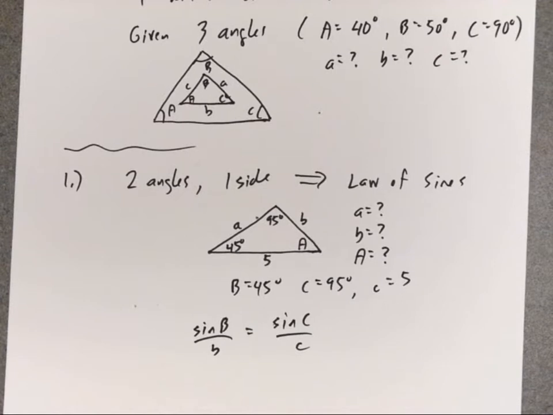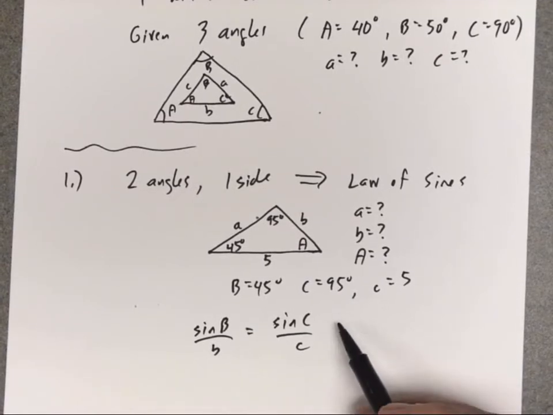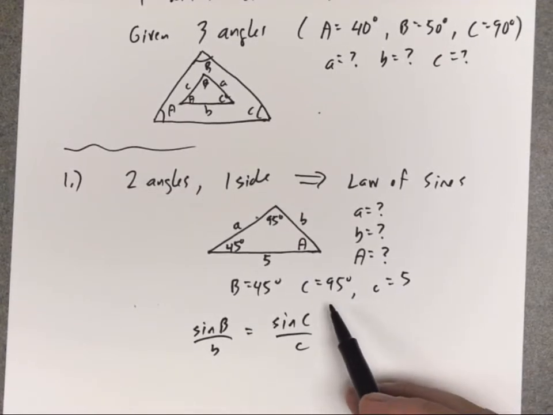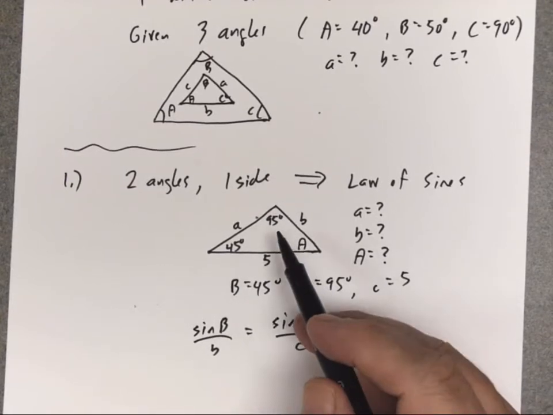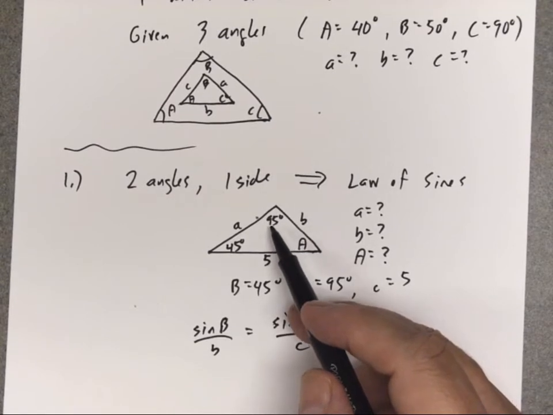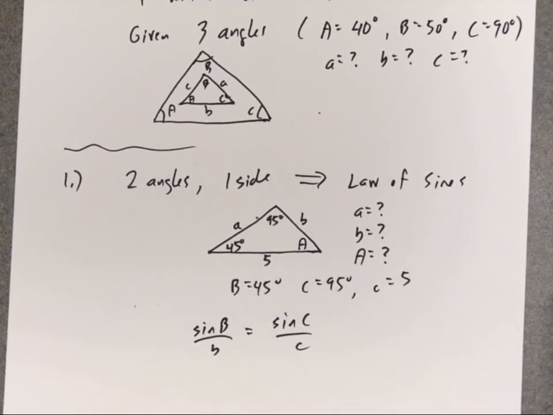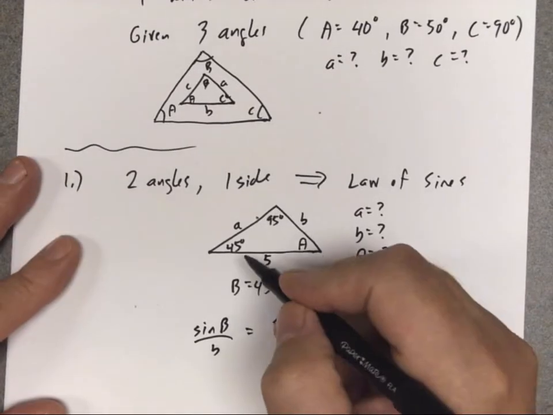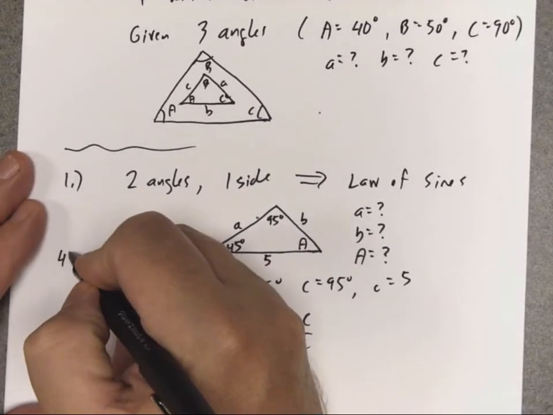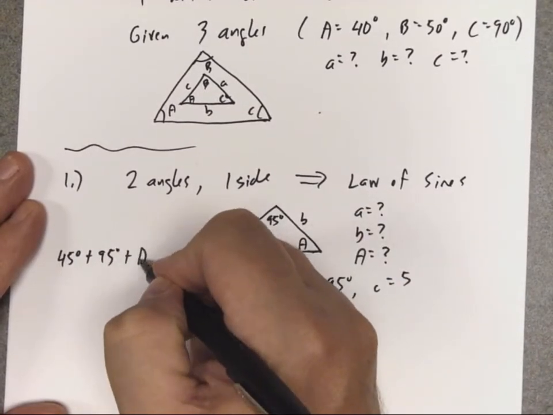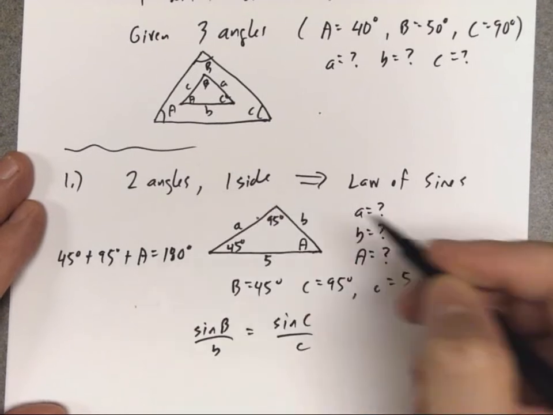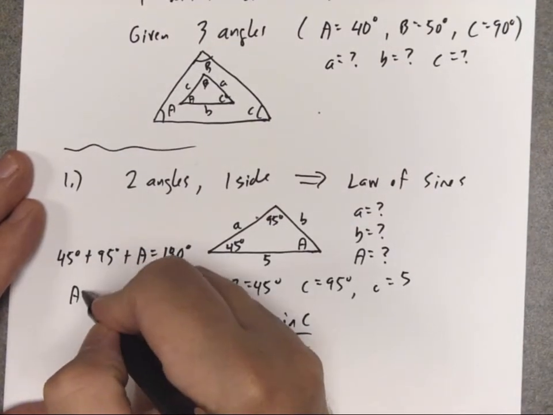side C. Now actually, I probably shouldn't have done this, and I always forget this. You know what you should do right away as a habit, and I forgot to do it? If you're given a triangle and you're given 2 angles, what should you do right away? The easiest thing to do is to figure out the 3rd angle, right? Because the 3 angles of the triangle must equal 180 degrees, right?